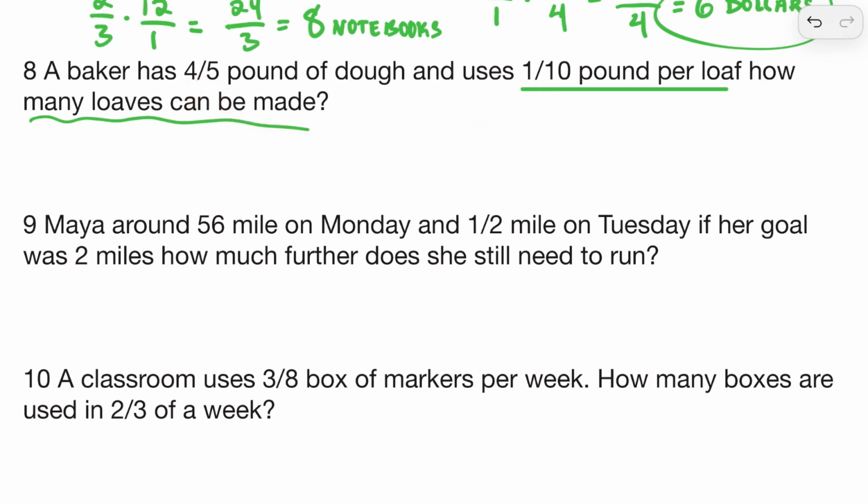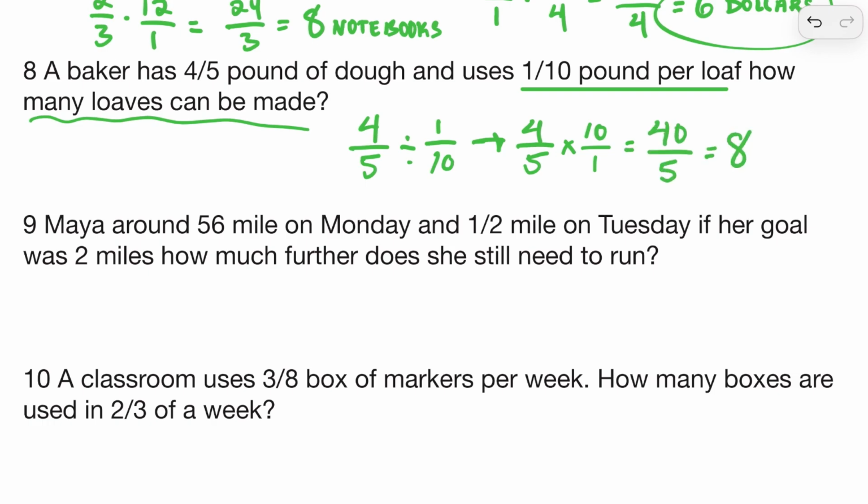It's a division problem. And so what we're going to do is we're going to do 4/5 divided by 1/10. This is the same thing as saying 4 over 5 times 10 over 1, which is equal to 40 over 5, which is equal to 8 loaves. 8 loaves can be made.